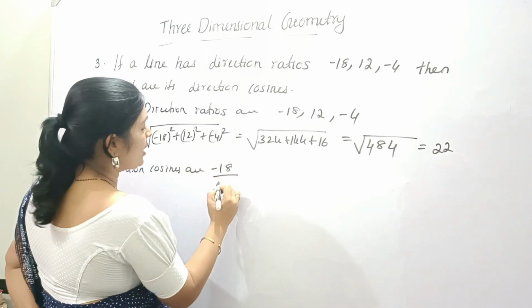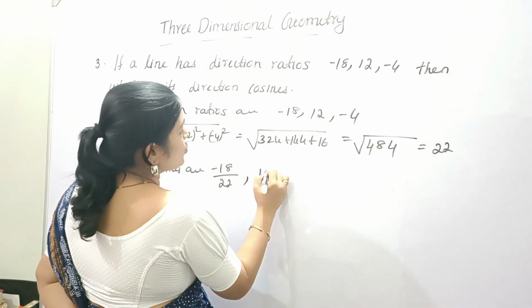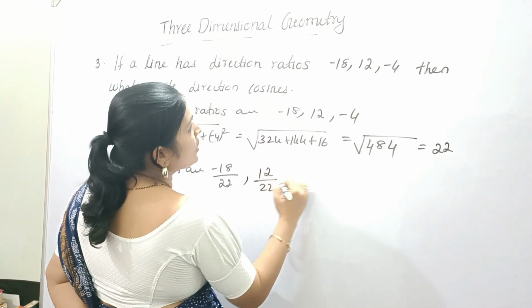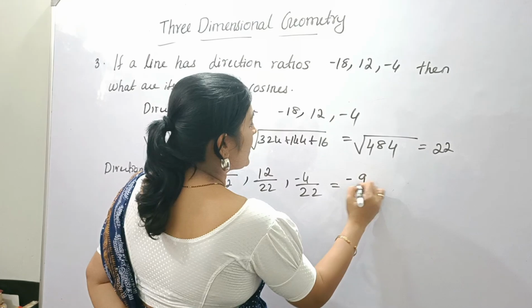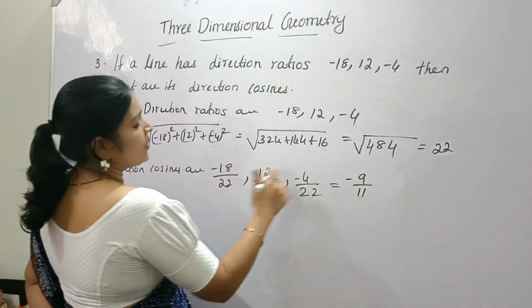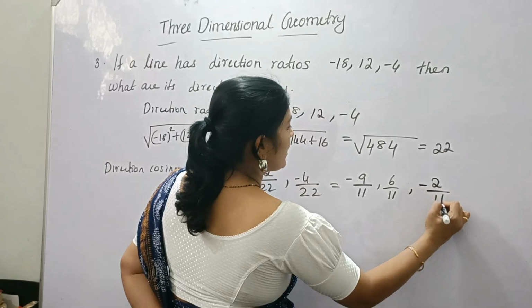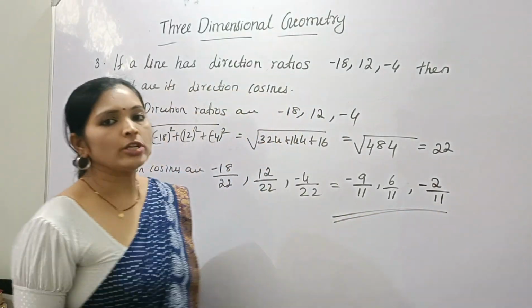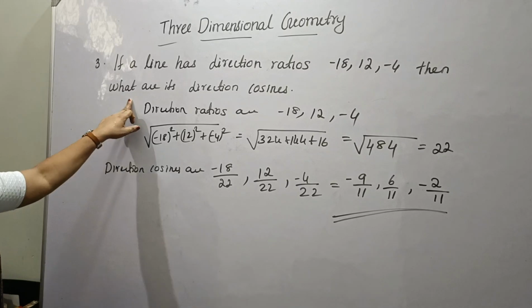So A divided by 22, that is minus 18 divided by 22, 12 divided by 22 and minus 4 divided by 22, that is minus 9 by 11, 6 by 11 and minus 2 by 11. These are the direction cosines of this given line.